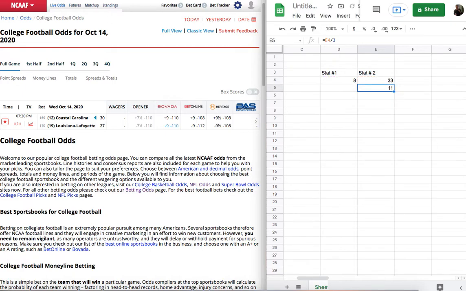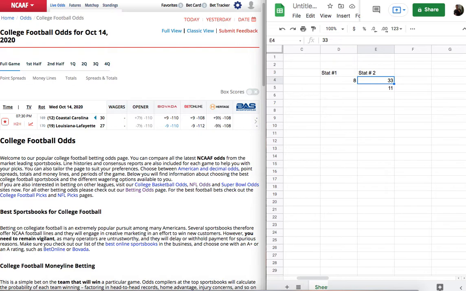The 11 is a more realistic spread line, and it's closer to the 8. In layman's terms, very simple: if you have a stat that's a big number, you divide it down until it looks like a realistic number relative to that sport.